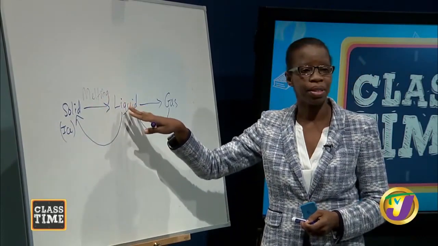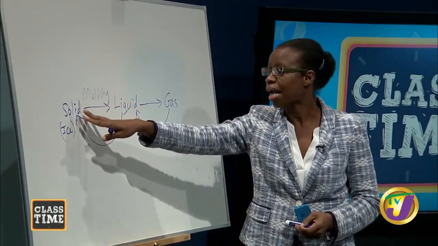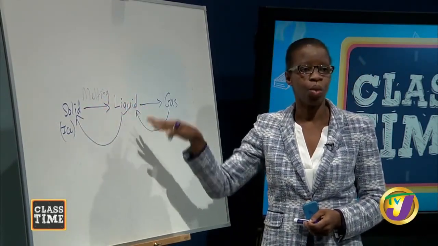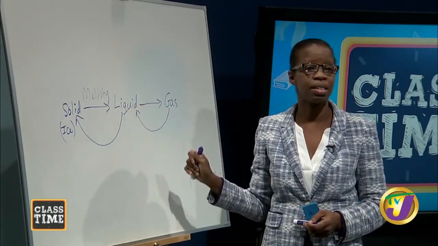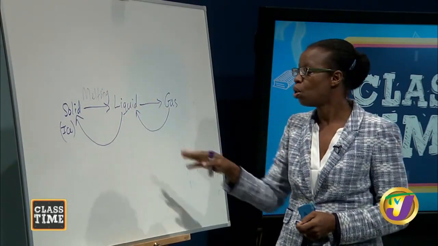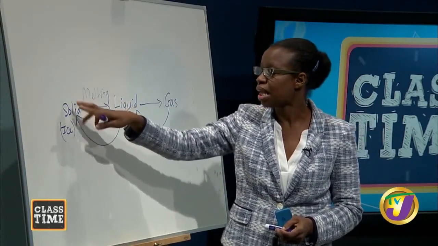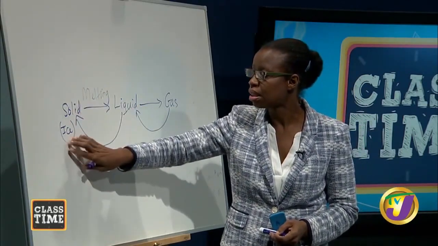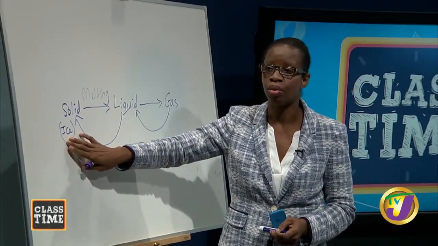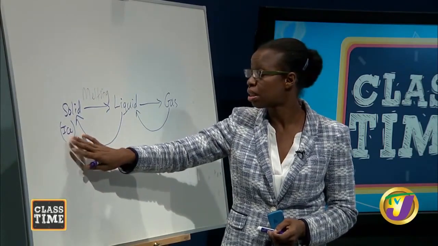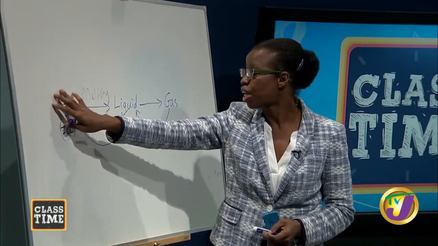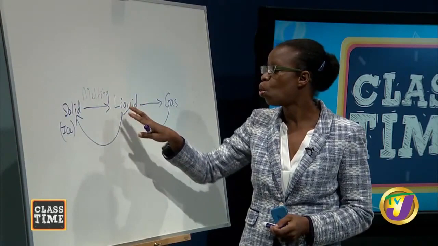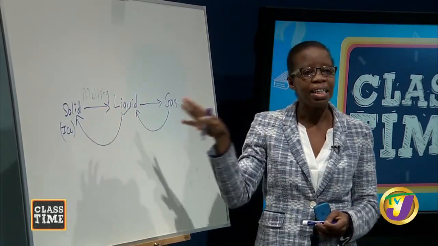What has really happened? Why did this ice melt? What happened to the ice? We would see that essentially ice forms at 0 degrees Celsius. For it to change to a liquid, we would be adding heat.